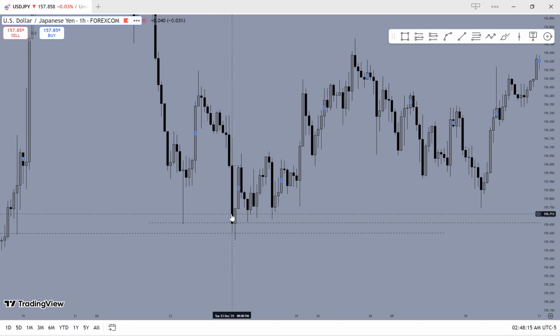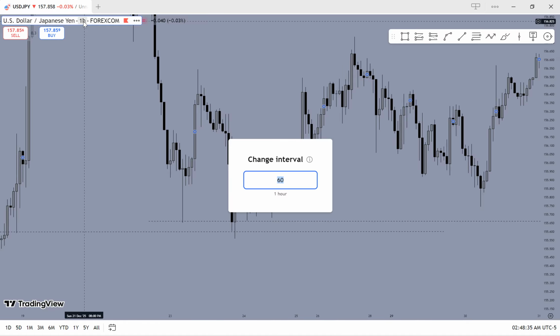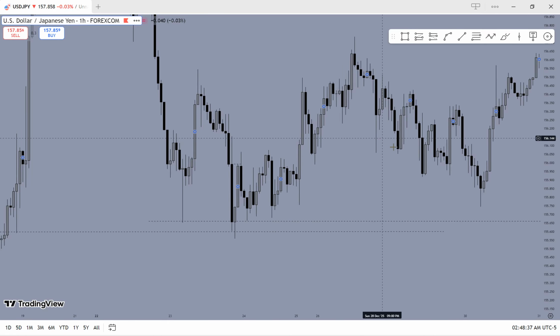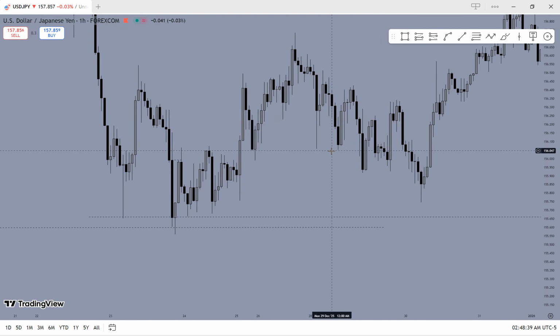This is our open close level right here. After the market swept this low, it came right here to break this open close level. So right there, we knew we had our break already.